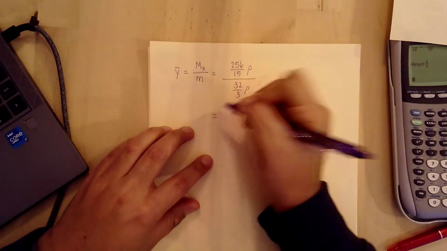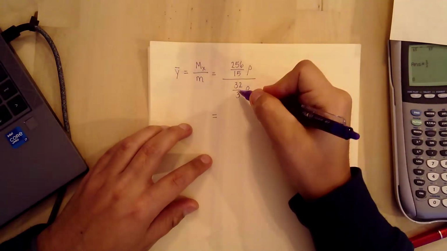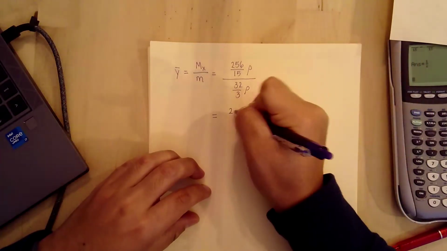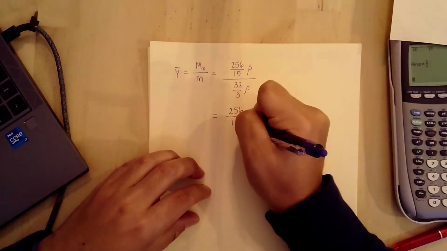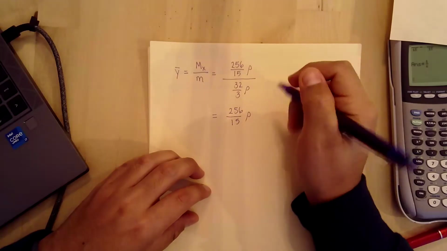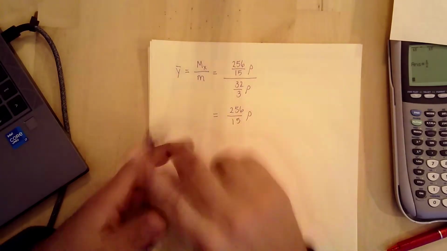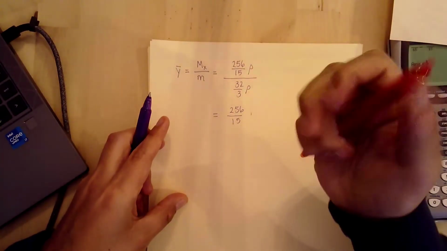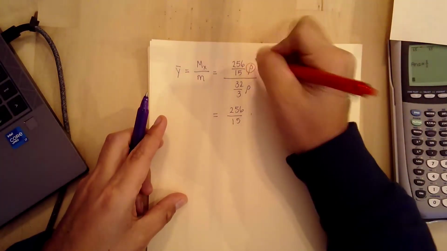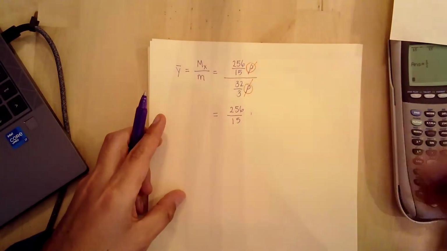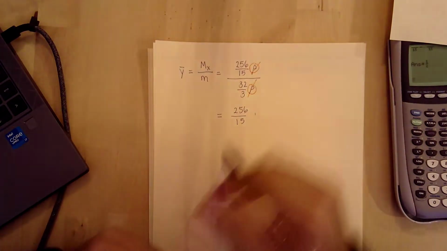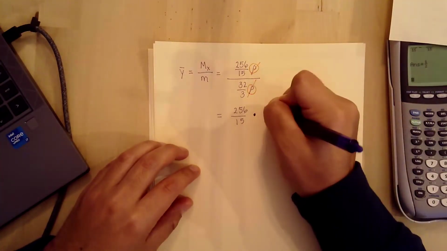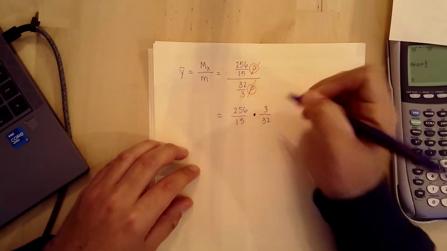And just a little recap of some basic arithmetic. If we're dividing fractions, then that's the same thing as multiplying by the reciprocal of the bottom. So that's 256 over 15 rho. Notice that actually we don't need this rho here because when we have rho divided by rho, those are going to cancel out. So realistically speaking, we just needed this top fraction times 3 over 32.